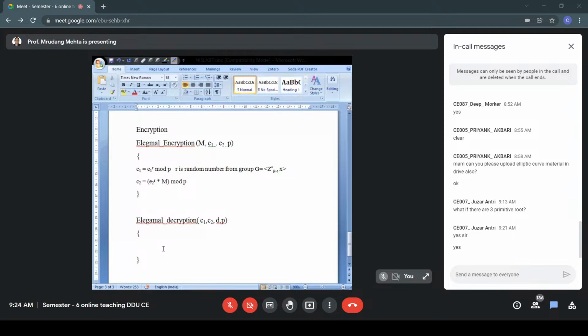C1 raised to D you can calculate, and then you find its inverse.